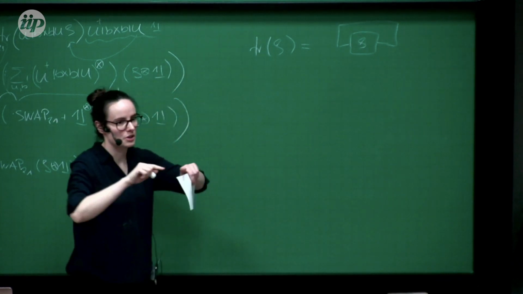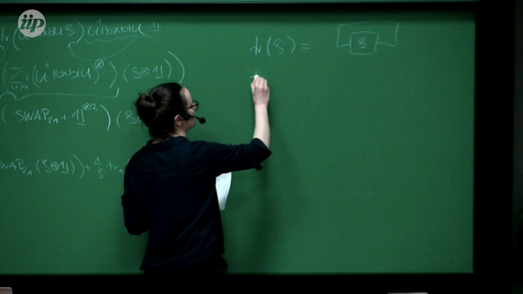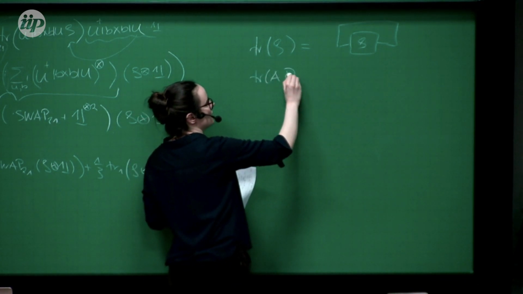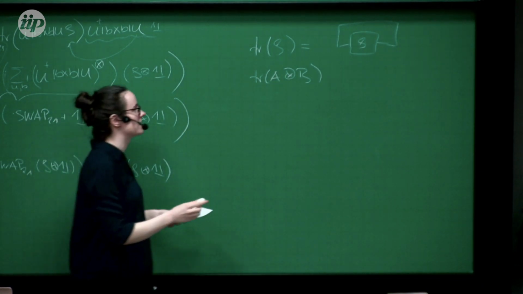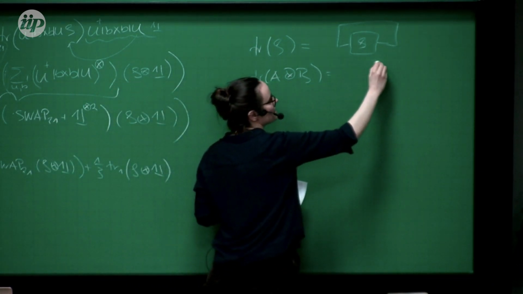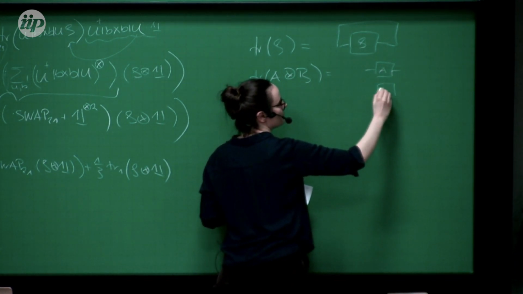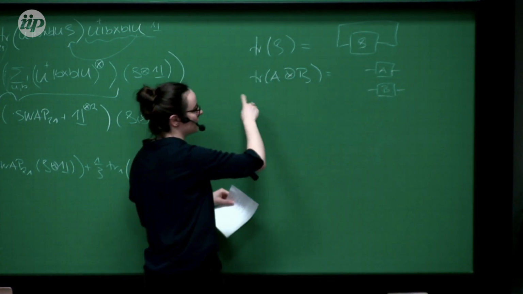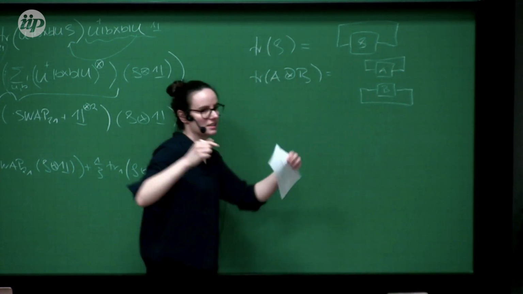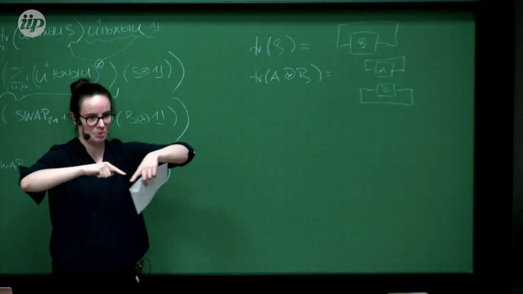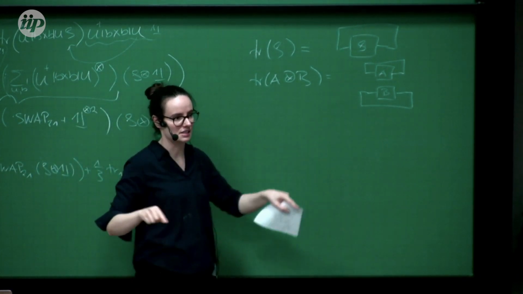And which legs get connected depends on which space I am in. For example, if I have the trace of A tensor B, and now this trace is over everything, not just the first subspace, then you could write this as A tensor B. And now taking the trace is just connecting the open legs in the same row. So the trace doesn't care where the legs come from, it just connects the right ones.